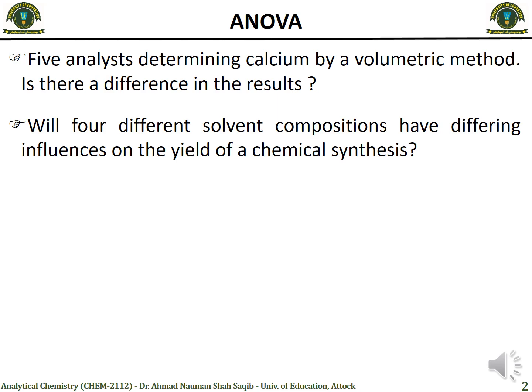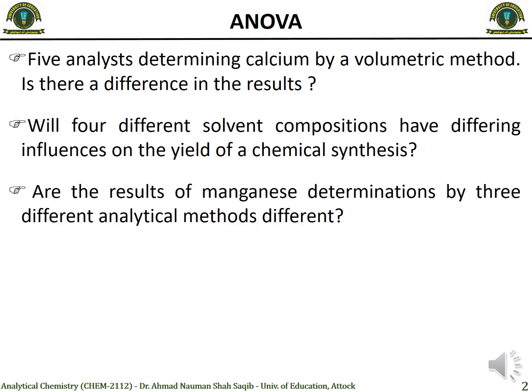Okay, let's have another question. Using some analytical methods, we have to determine manganese in a given sample, and the same analyst is going to determine the manganese, however he will use 3 different techniques, instruments or methods. Will the use of different methods give the same results, or will there be a difference?